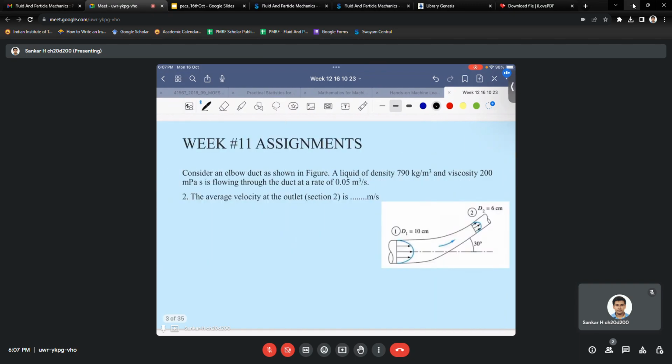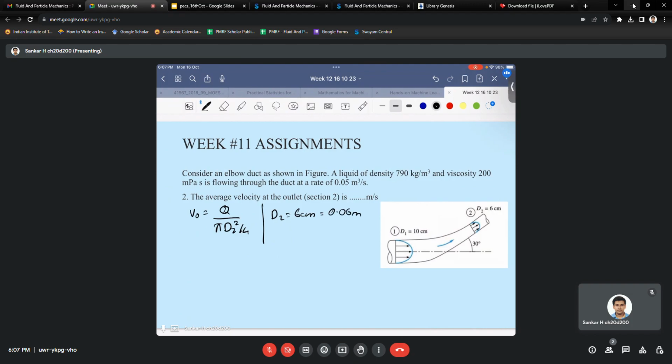We'll move on to the next question, where the average velocity at the outlet is asked. So that again is the outlet velocity, Q by pi d2 square by 4, and it is given that d2 is equal to 6 centimeters, which is 0.06 meters. So the outlet velocity is 0.05 divided by pi times 0.06 square by 4.